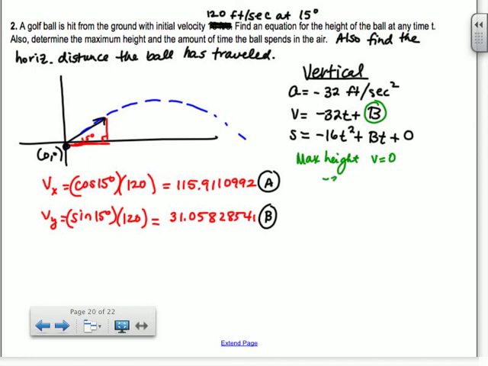So I'm going to have negative 32t plus b equals 0. So I'm going to take my b value and divide by 32. That gives you t equals 0.97057, somewhere around there. Let's store that one as c in case we need it.